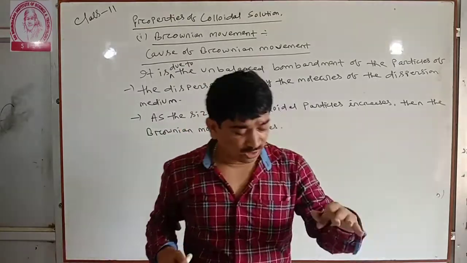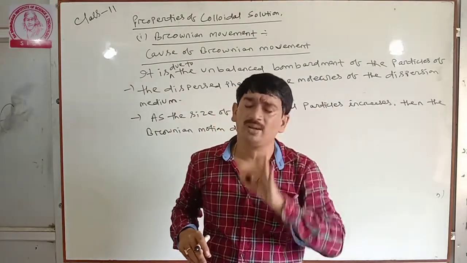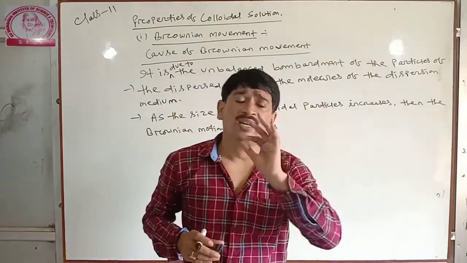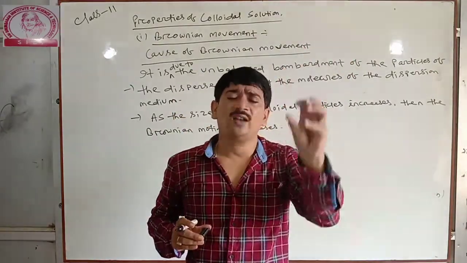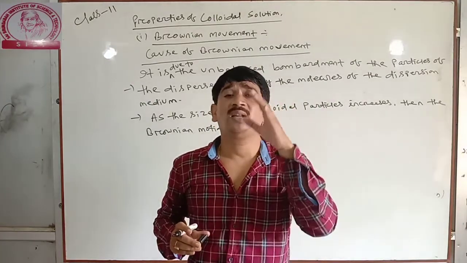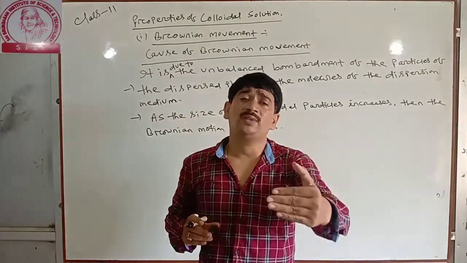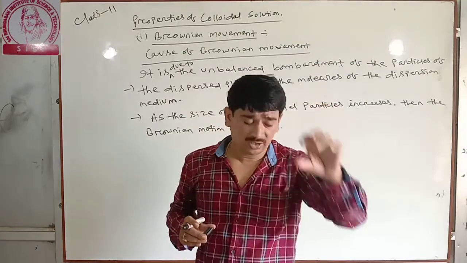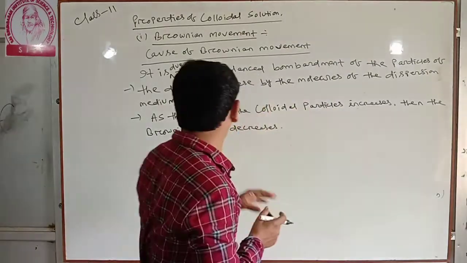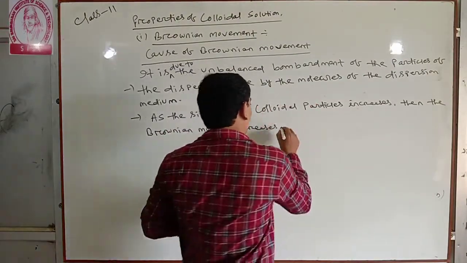That is, smaller the size and viscosity of the colloidal particles, greater the Brownian movement, and larger the size of the colloidal particle, lesser the Brownian movement. Very important point. If the colloidal particle size is more, then the Brownian motion decreases.